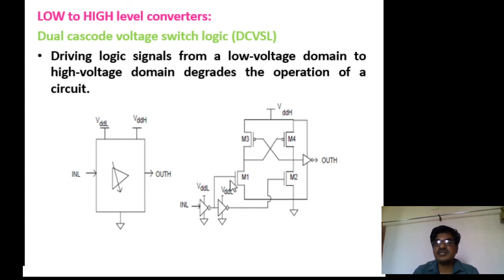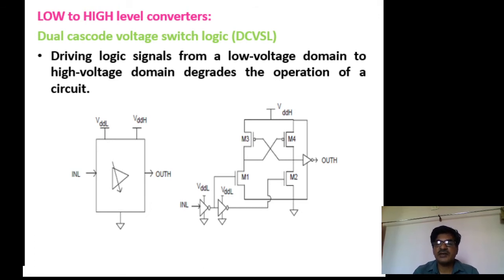Its internal diagram is like this. The internal diagram includes a dual cascode voltage switch logic. That means it includes a differential amplifier or a differential circuit and a positive feedback circuit.